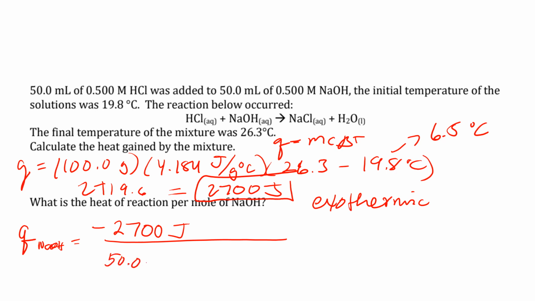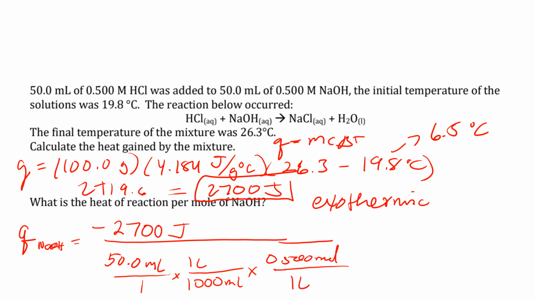50 mLs of NaOH. I'm going to convert this to liters, so 1 liter on top and 1,000 milliliters on the bottom. Then you're going to take your 0.500 molar NaOH, so 0.500 moles over liters of NaOH.